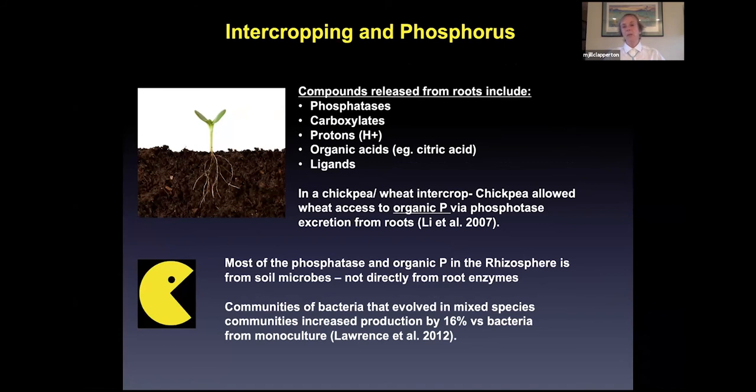So like a chickpea and wheat intercrop, and I've done this quite a lot. Actually, the chickpea feeds the wheat plant beautifully. Nitrogen as well as phosphorus. As long as I provide the sulfur, we're all good.